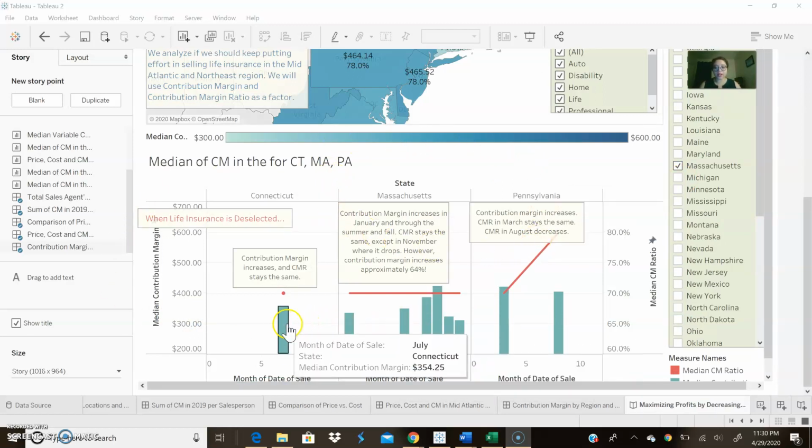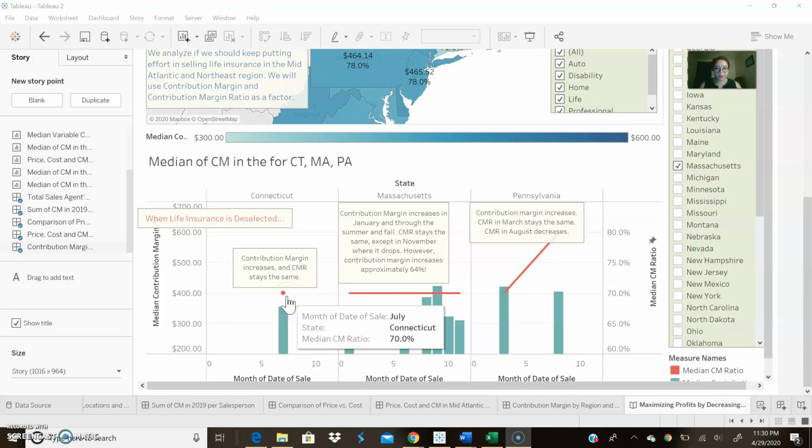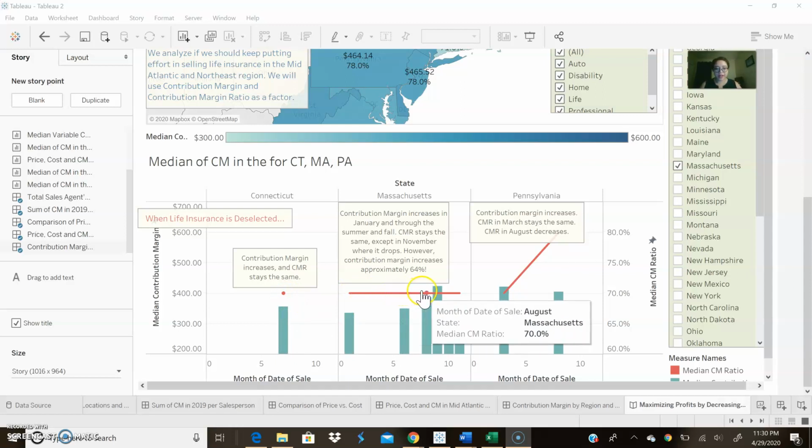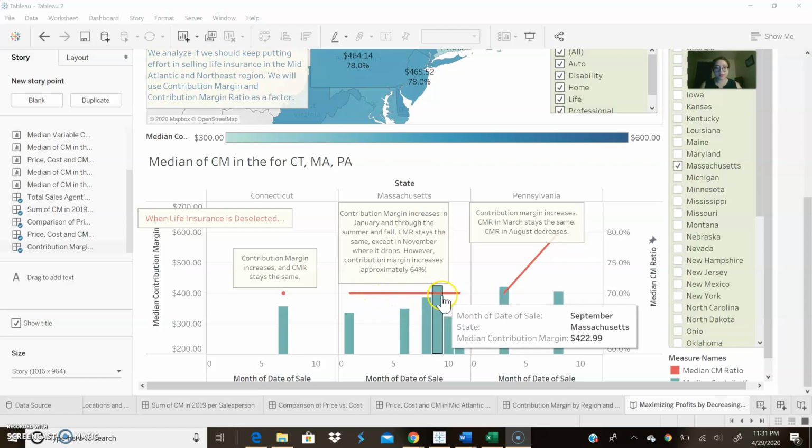So I excluded some months where it really showed a big difference, for example, the little drop we had here in Connecticut for July. Here, you'll see once we deselect life insurance, but as you can tell, the contribution margin ratio is the same throughout.